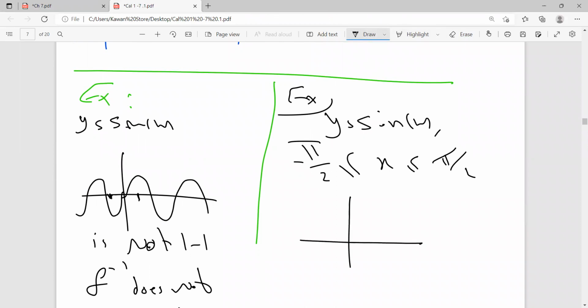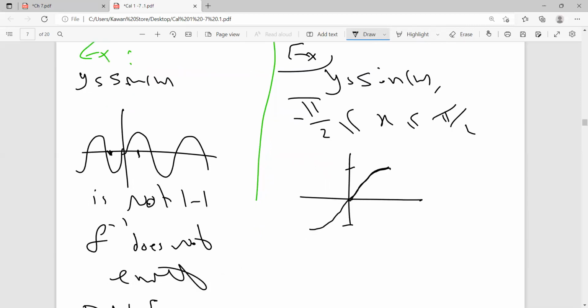So tell me, is that function one-to-one or not? It is one-to-one. So that's why in your calculator you can find sine inverse and cosine inverse. Even though generally it is not one-to-one, they took a specific domain. They cut the domain. So this is about restricting the domain.